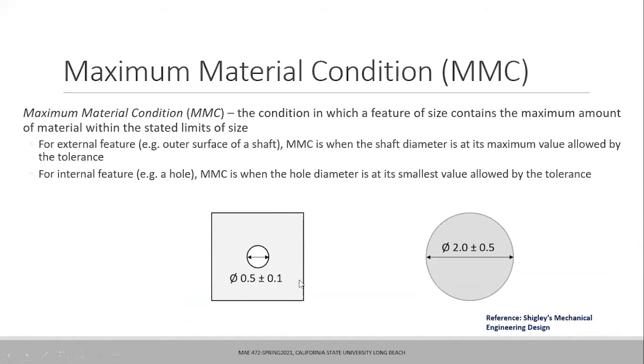Generally you need to provide the units in the drawing at the very bottom right corner, saying all the units are in millimeters or inches, whatever unit you are using. So you don't provide units on the dimension or on the views. So here I'm showing the diameter as 0.5 plus minus 0.1.